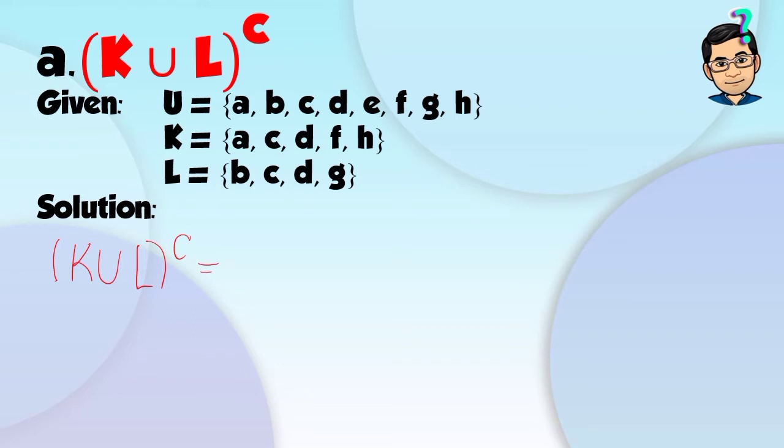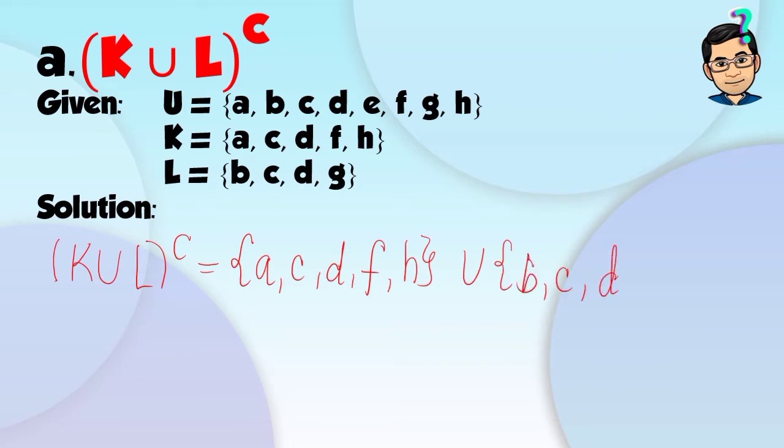Okay. The elements of K are A, C, D, F, H. While the elements of L are B, C, D, and G. Now, so kapag kinuha natin yung union ng dalawa na yan, of course, pagsasamahin lang natin yung mga elements nila.